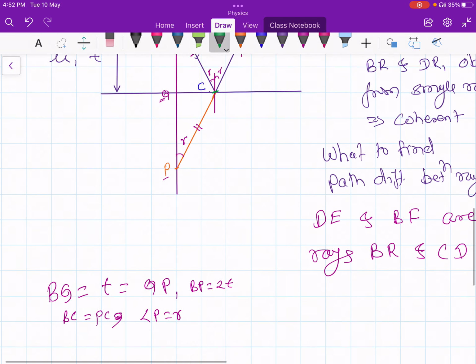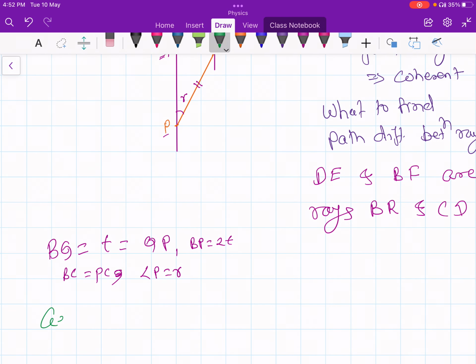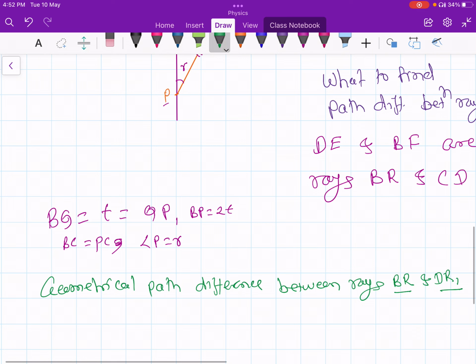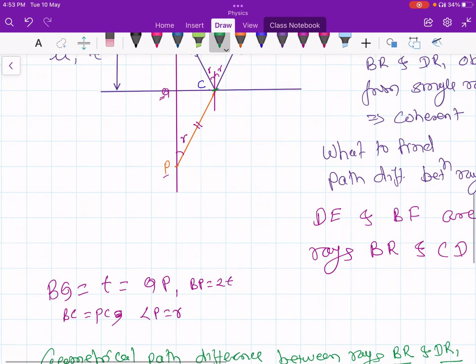So we can write the geometrical path difference between rays BR and DR1, the two reflected rays. The geometrical path difference, GPD, is equal to BC plus CD minus BE.